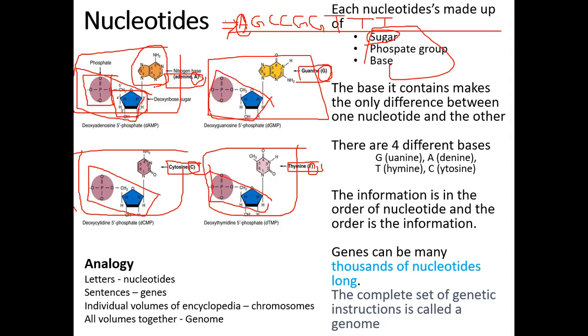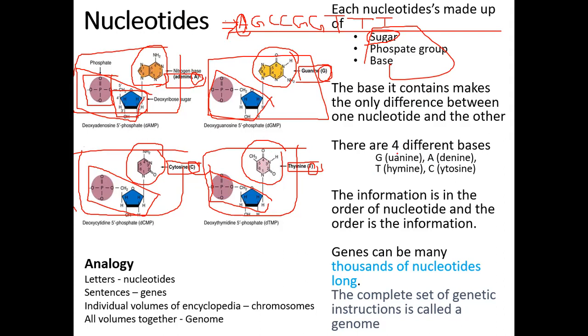However, if you look at the nitrogen base, this one, this one, this one, and this one, they are different from one another. Okay, so that is what makes the differences in these 4 different nucleotide types.